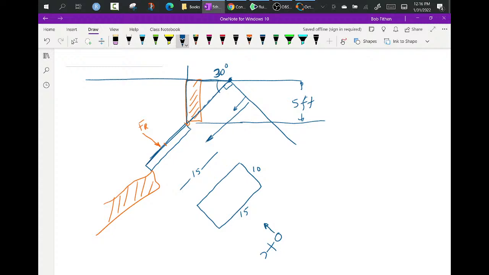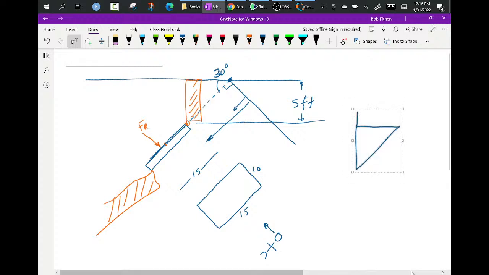And let's see if I can select an object like that and then move it. Yes, I can. And now what I see, and that's the reason I put that little top on it, so I'd have something to grab. So you've got a 30. This distance right here is a 5. Can you determine that distance?